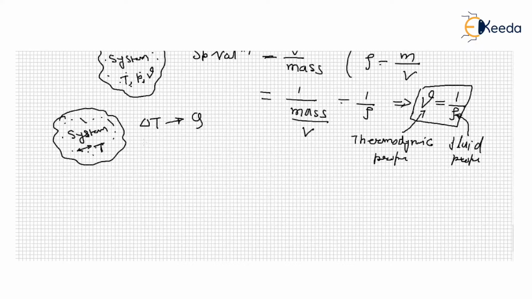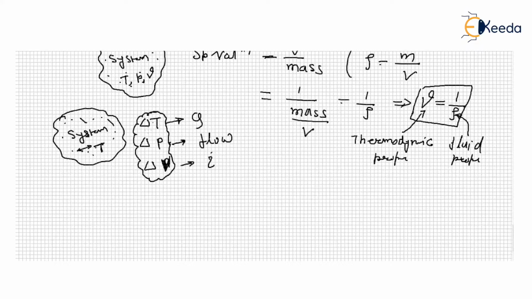The potential difference is the gradient, the force is current. So these are the potentials. That means change in temperature, change in pressure, change in volume. These are the potentials, and due to this potential difference, the driving force will develop.